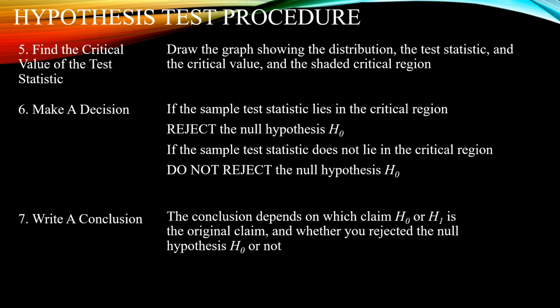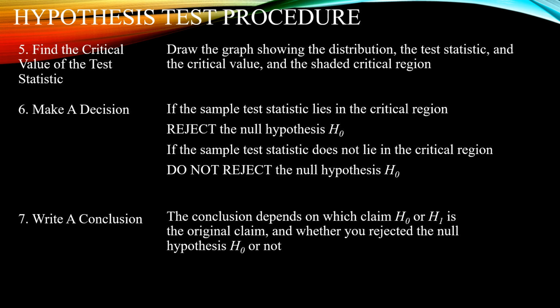But if your claim is the alternative hypothesis, which must be true if the null is false, then you will be able to determine whether you have evidence to support the original claim, which is the alternative hypothesis, or fail to support it.